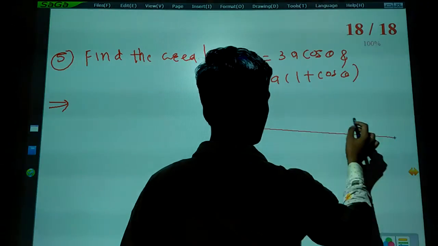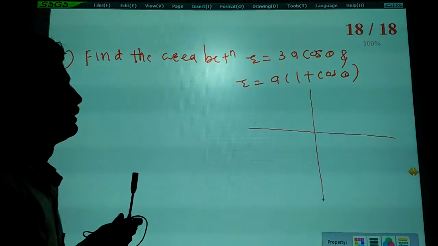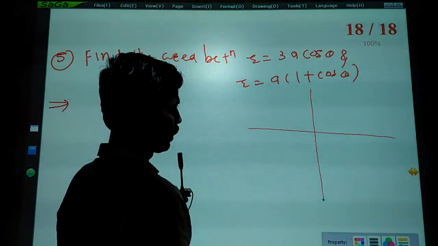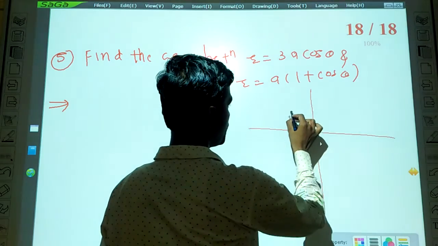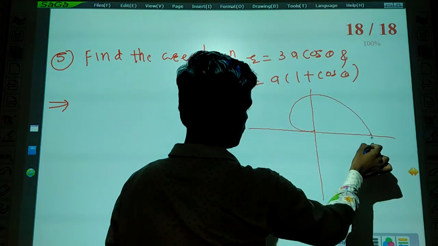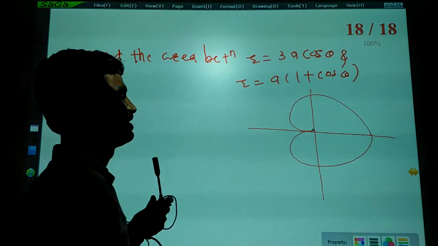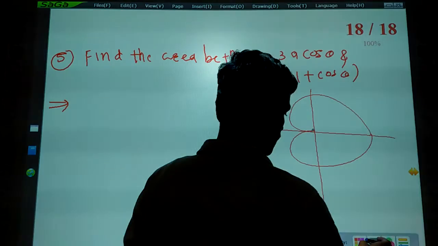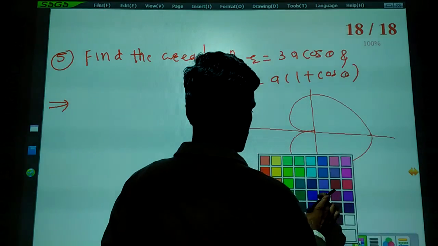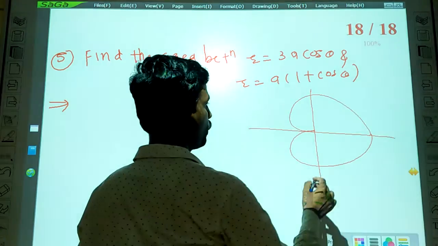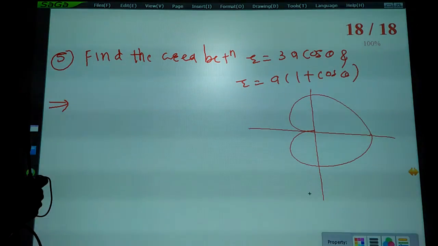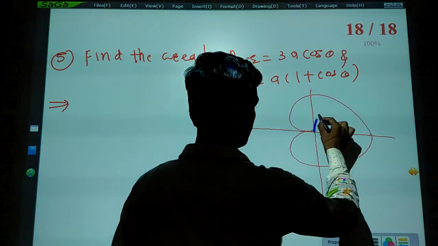So first of all, draw the graph. This is the x-axis, this is the y-axis. Firstly we draw the cardioid, on the positive side. r is equal to a(1 plus cos theta), this is the cardioid. After that, find the circle r is equal to 3a cos theta, which is on the positive side of the x-axis.